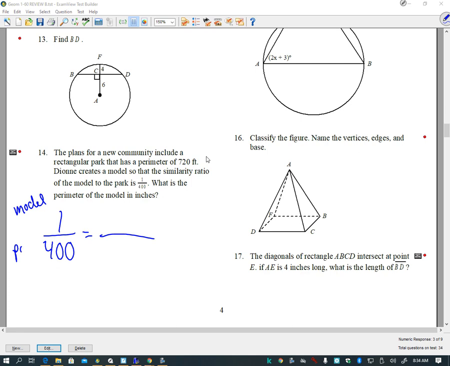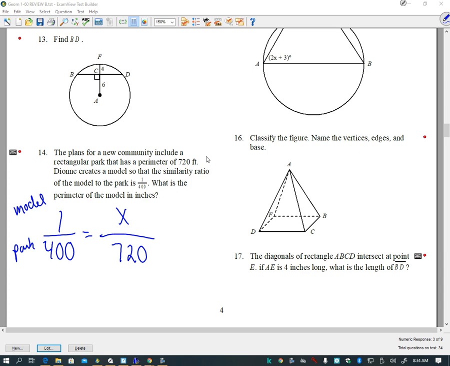This represents the park, right? So where would the perimeter of the model go on the other side? The top, okay? We'd leave that with an X, and the 720 would go on the bottom. And what's my label going to come out to from this? It's going to be in feet. The answer is going to be in feet.